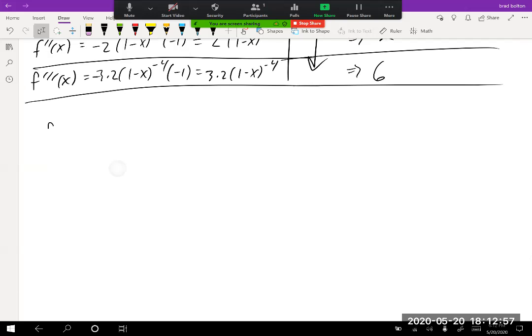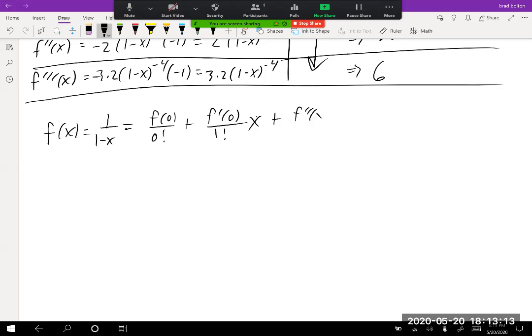I'm going to say f of x equals 1 over 1 minus x equals f of 0 over 0 factorial plus f prime of 0 over 1 factorial times x plus f double prime of 0 over 2 factorial x squared plus f triple prime of 0 times x cubed all over 3 factorial, okay?